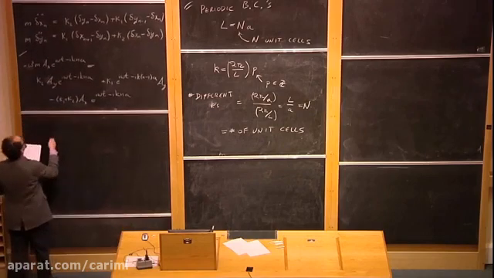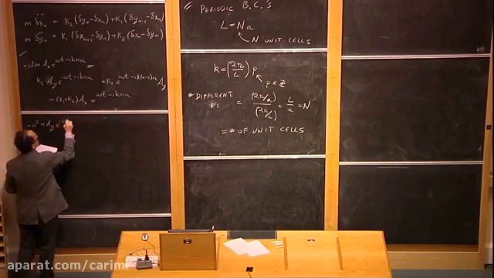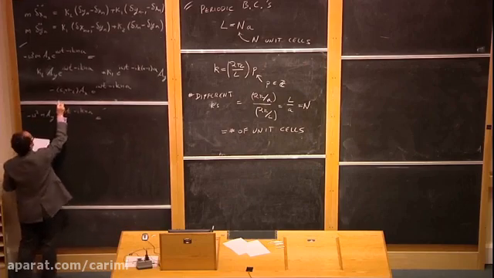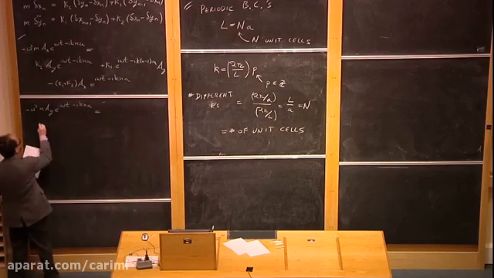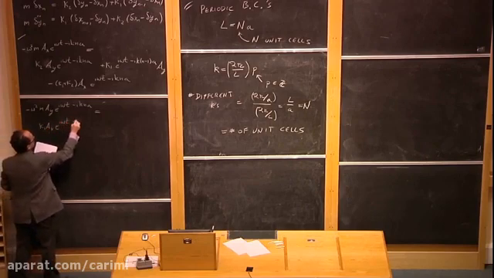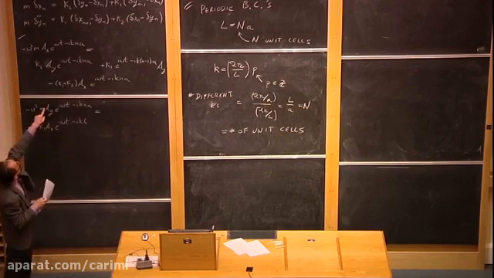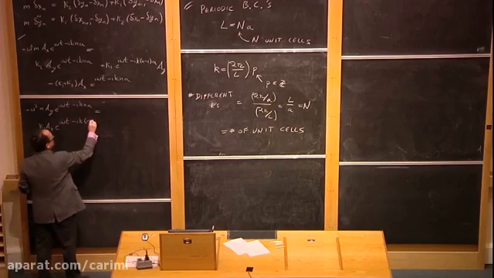OK. And then the other equation is minus omega squared m ay e to the i omega t minus i k n a equals. Let's do the two x terms first. So we have kappa 1 ax e to the i omega t minus i k, and then the coefficient in the second equation of the index of delta x with kappa 1 is n plus 1, so it's n plus 1 a here.